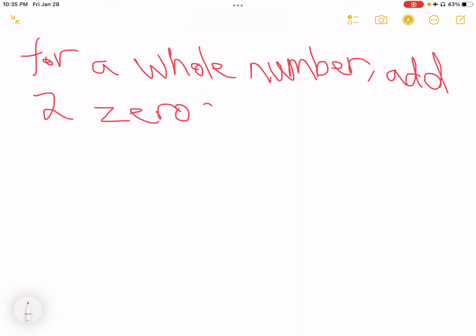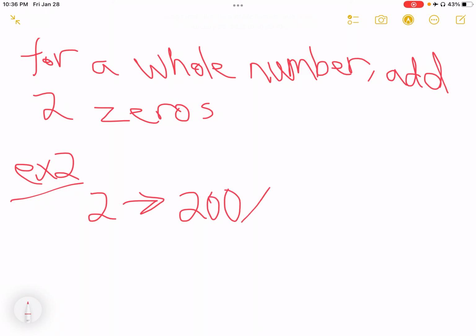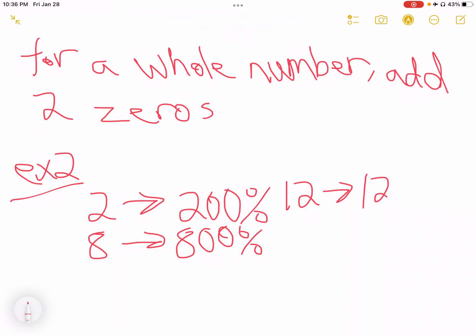This is the same thing as moving the decimal place over 2, but in this case, for example, we're just working with whole numbers. If you had 2 and you want to change to percent, then you just add 2 zeros, or you move the decimal place over by 2, so you have 200%. Or if you had 8, then you're going to have 800%, or 12, then you're going to have 1,200% if you like it. And then, like we said before, if you have 1, then you have 100%.